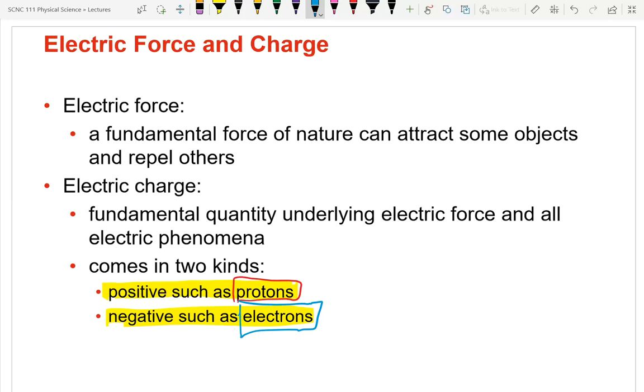You can only have a charge of -1 electron charge, -2, -3, or +1, +2, +3 electron charges. You can't get anything that's not an integer multiple of the charge of an electron. So we have units for the charge that we call coulombs.